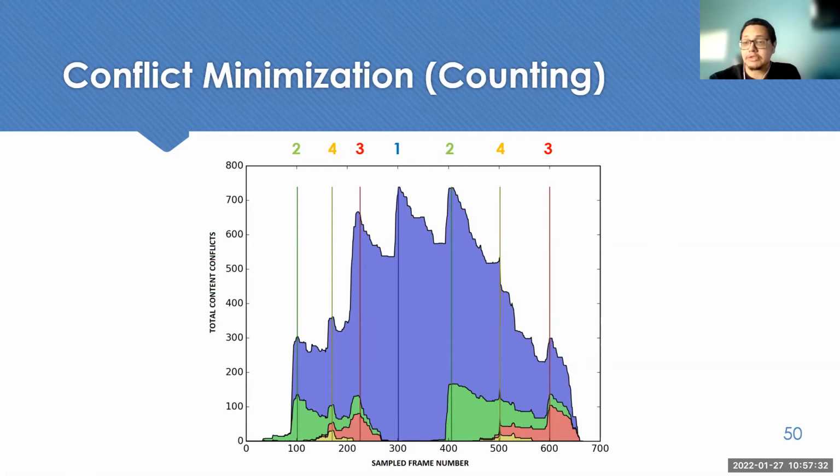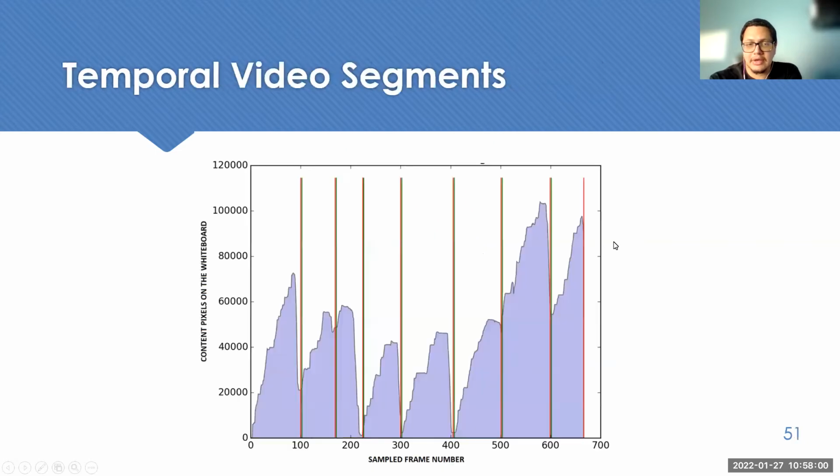The signal is much weaker, but we can see there are still a few peaks, so we pick the next one to split the video. We keep doing that until there are no conflicts, or the segments generated by cutting on the peaks are too short for us to care, in which case we don't cut. After this, we have different segments of the lecture.